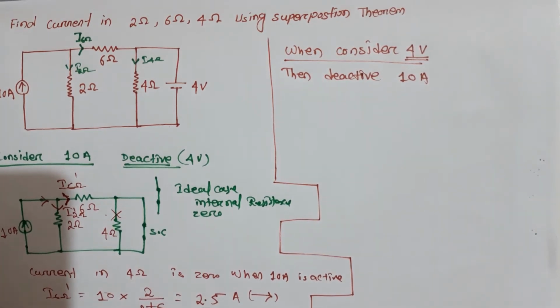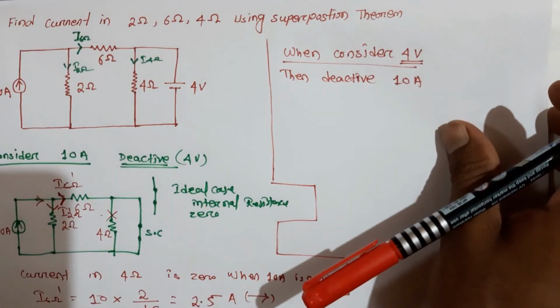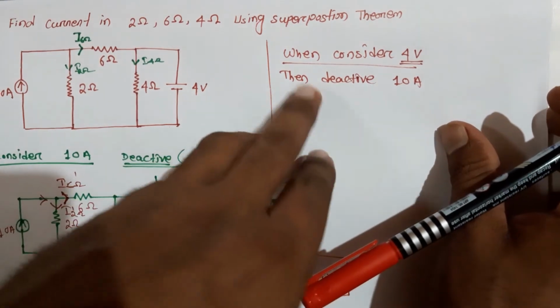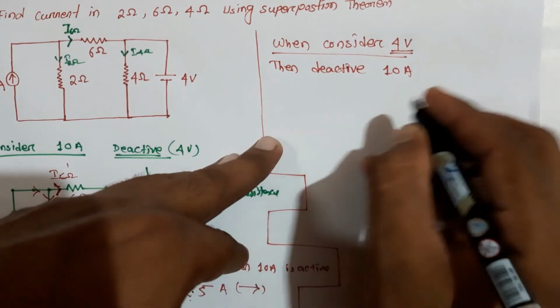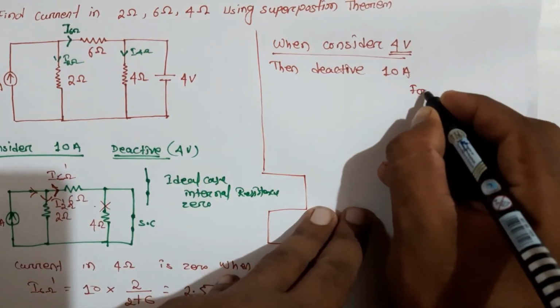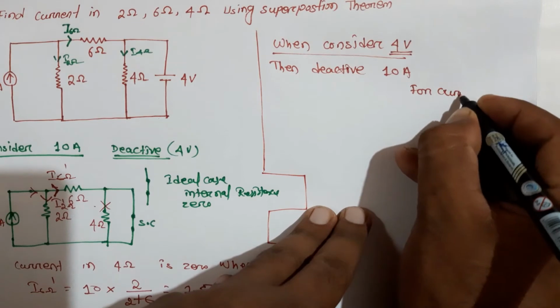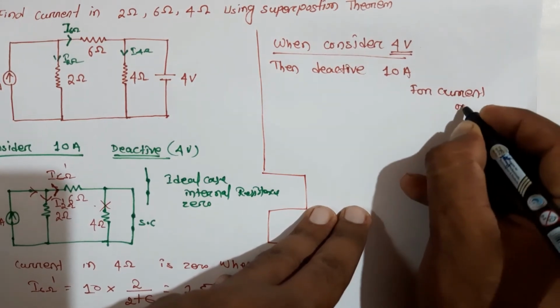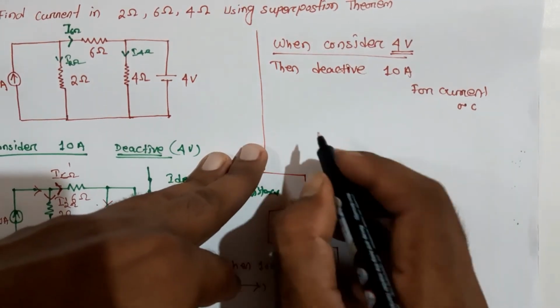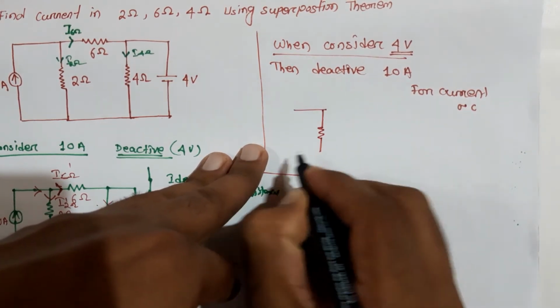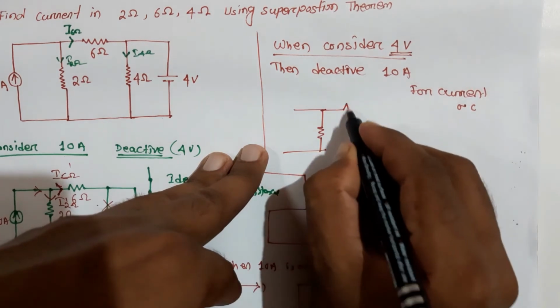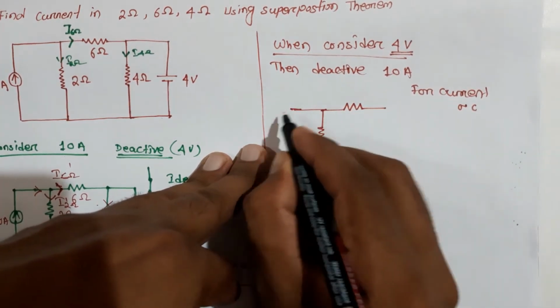Here we use an ideal current source, so in the ideal case the resistance is infinity, so the current source should be open circuited. For a current source, open circuit. Next we go like that. This is the 6 ohm as usual, and this is open circuited.